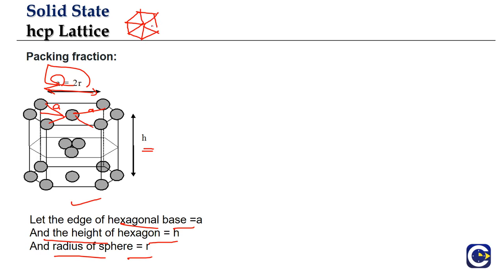If the area of each of these triangles is root 3 by 4 a square, the total area of the hexagon plane will be root 3 by 4 into a square into 6, because there are 1, 2, 3, 4, 5, 6 equilateral triangles that make up the hexagonal plane.